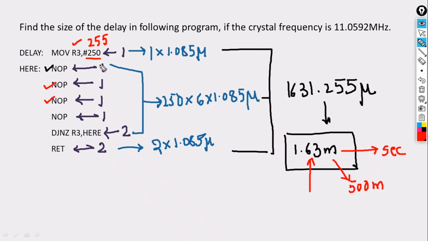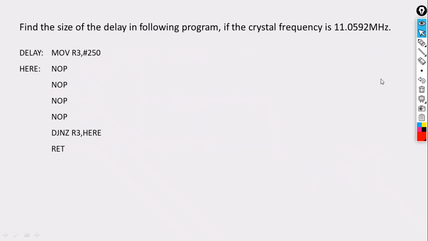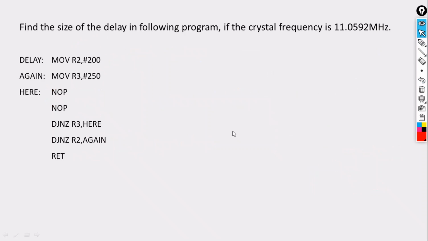At that time we are going to use our nested loop operation. Nested loop operation means we use two different loops, and then we increase the delay. Now let us try to find out the program over here.